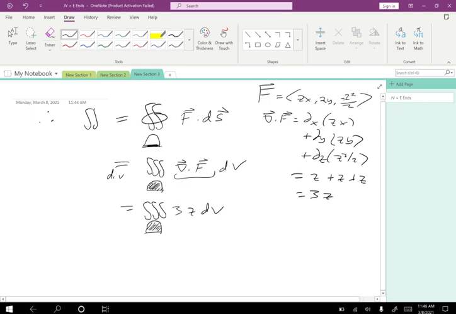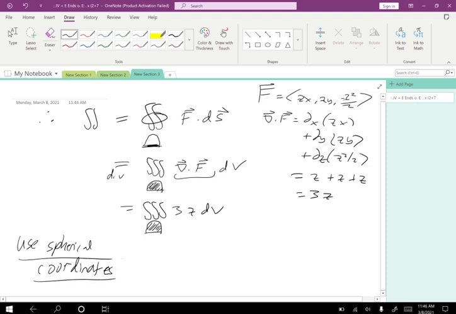So we have to do this integral, and this integral is pretty straightforward if you use spherical coordinates. Using my standard rho-z diagram, the hemisphere corresponds to phi equal to pi over 2.